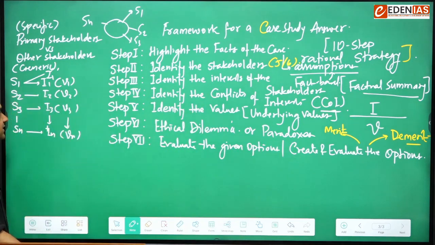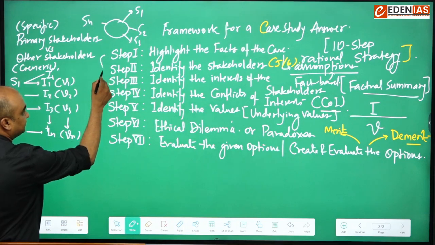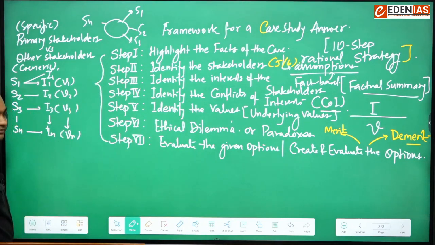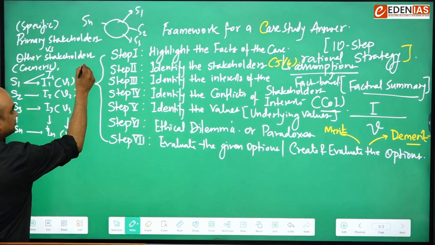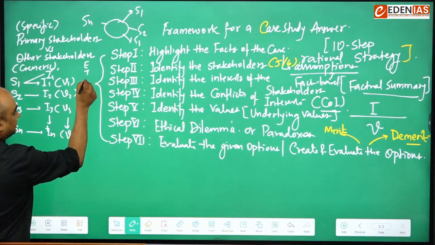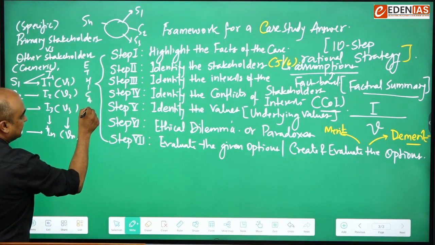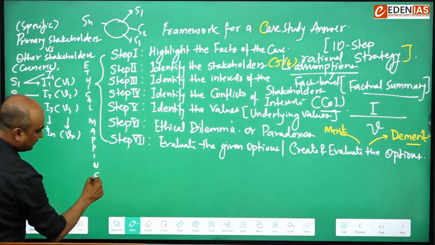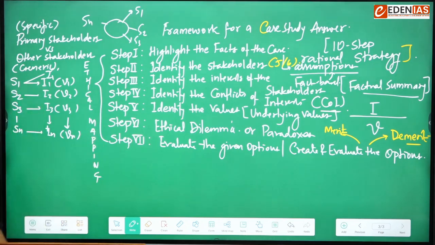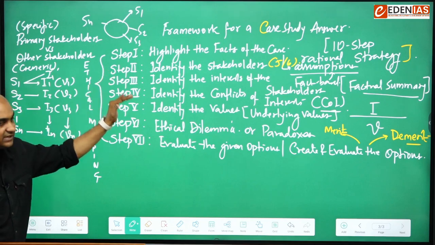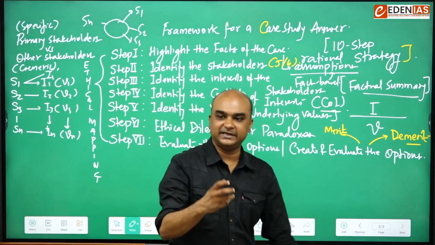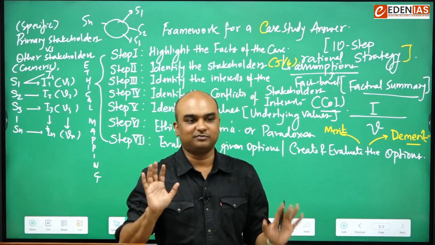Up until this point, from step number 1 to step number 7, this is known as ethical mapping. Those who will be able to do this ethical mapping properly will be able to solve the case study question appropriately.